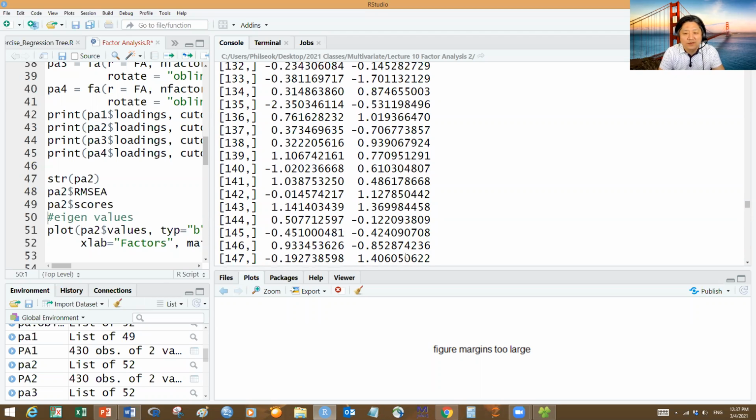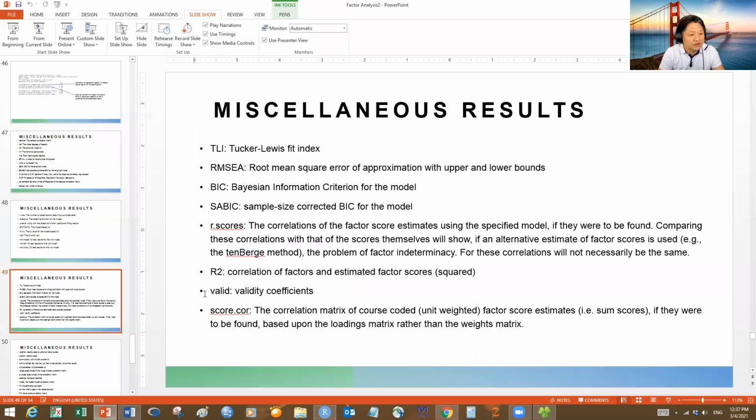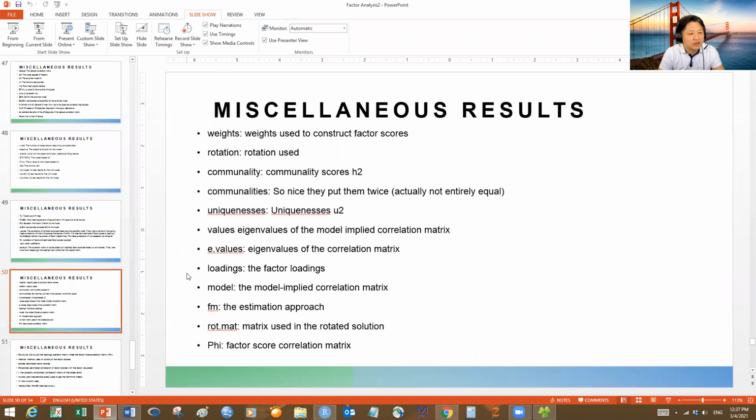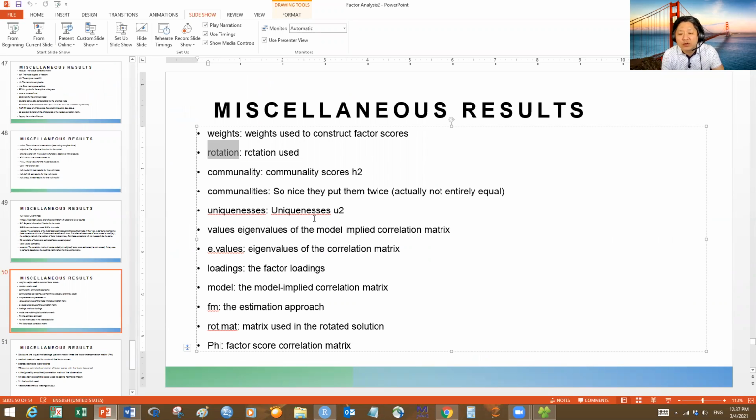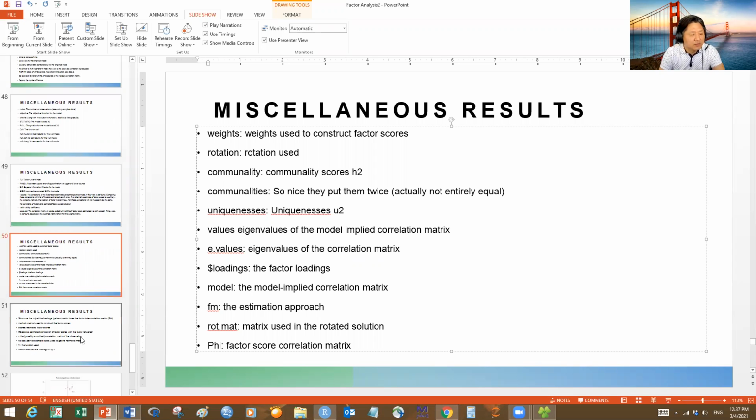You can also get communality and the rotation method. These are all provided in the output, but if you want specific information, you can use that. You definitely have to put the dollar sign: your model, dollar sign, and these output names.